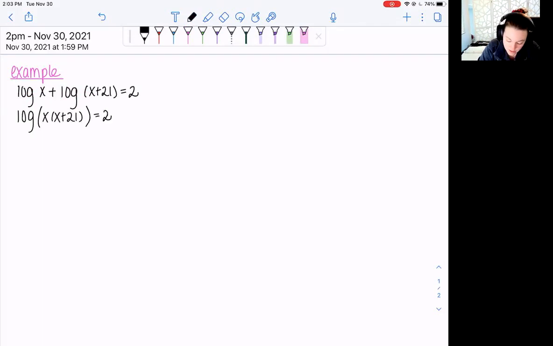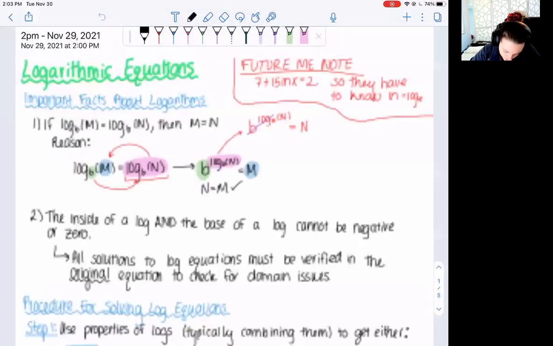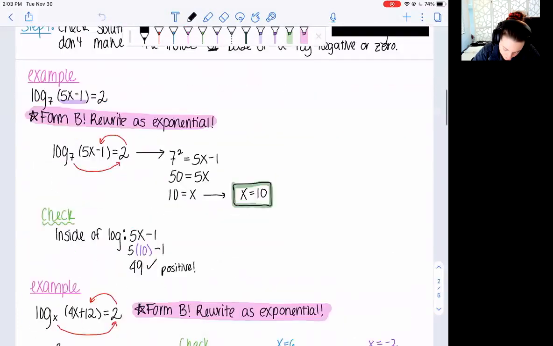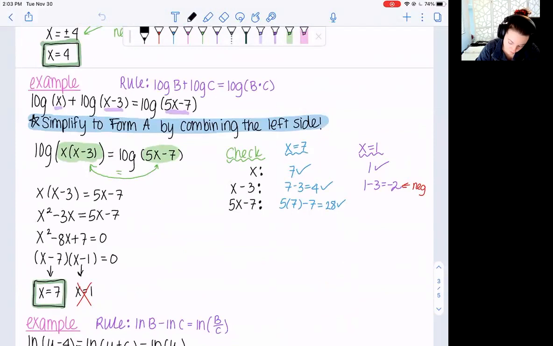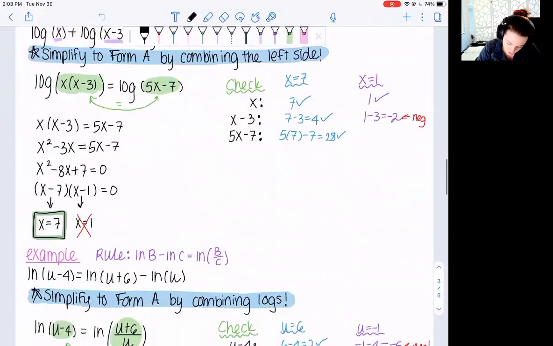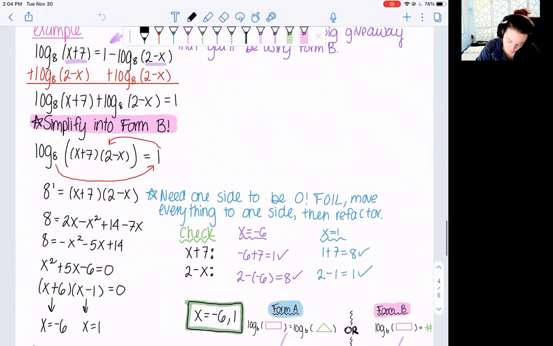Now here's where things are a little strange, because when we've done these before, where it was form B, where you have a number on one side and a logarithm on the other, you start at the base, across the equals, back again, right?